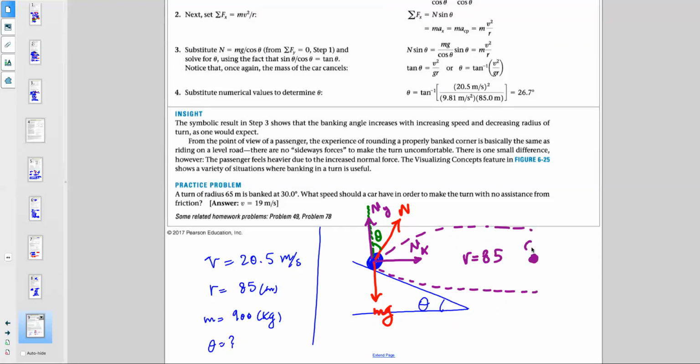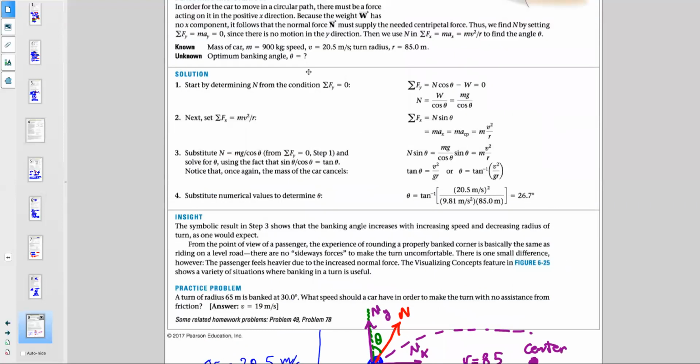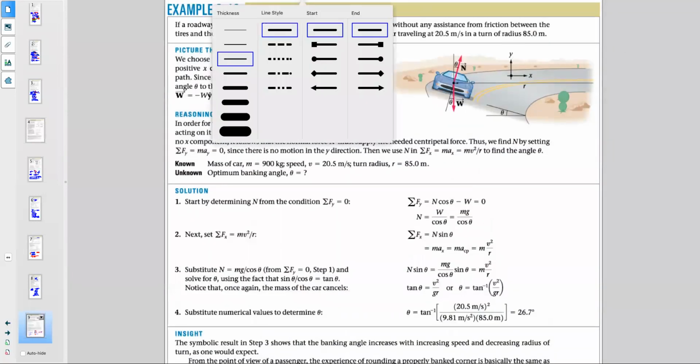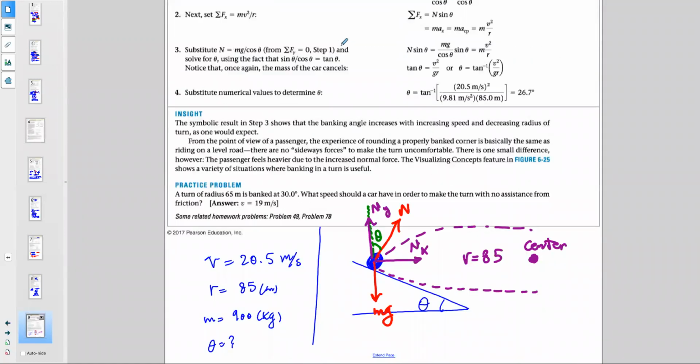Okay, this is the center. All right, so if I do that, let me change the color and style so I can write much easier.